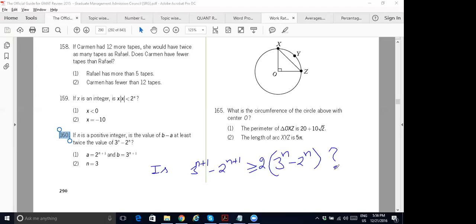So we can continue with the expression in the question. That will be 3 times 3^n minus 2 times 2^n, greater than or equal to 2 times 3^n minus 2 times 2^n. So 2 times 2^n cancels on both sides.